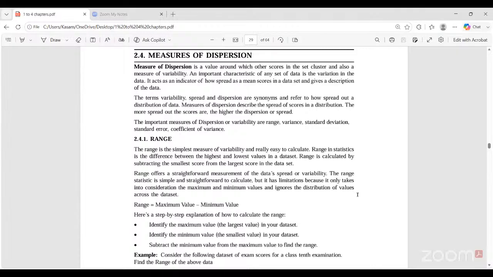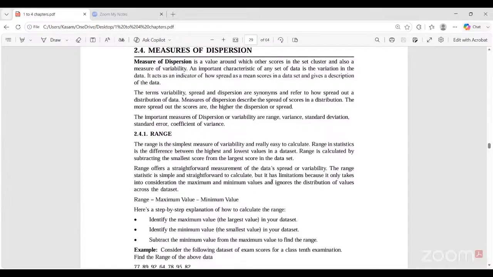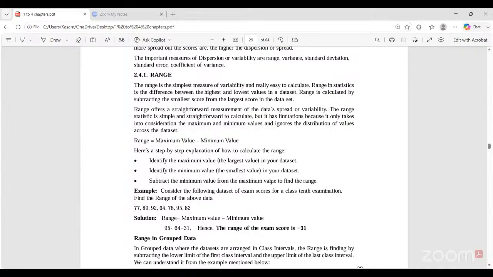It offers a straightforward measurement of the spread of the data, but the limitation is that it only considers the maximum and minimum values across the data set. Range is maximum value minus minimum value. Identify the highest value and the lowest value in the data set, then subtract.